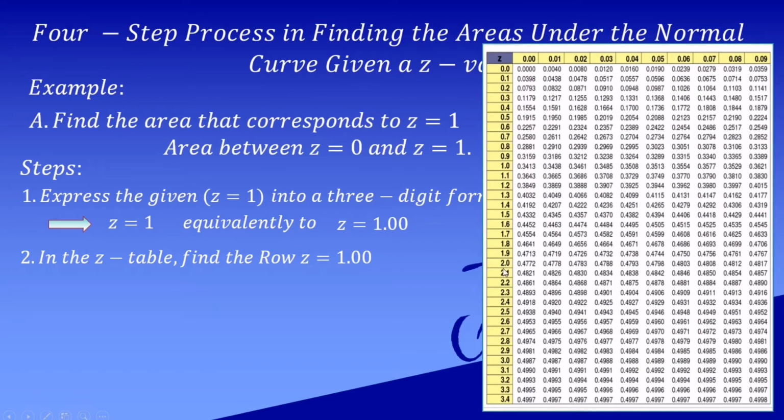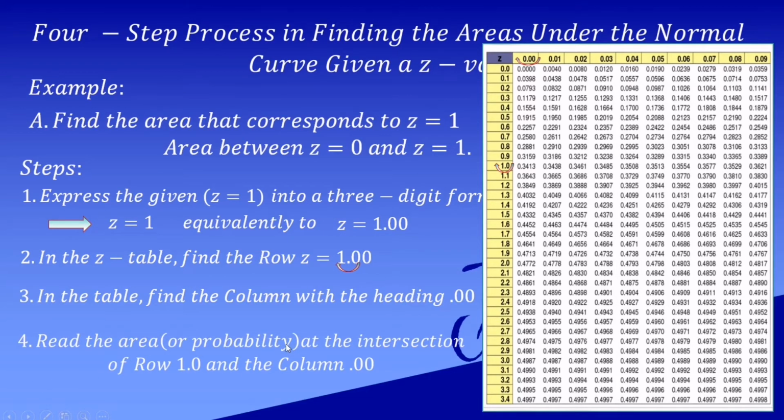This is our z-table. To find the row entry, take the first two numbers in our 3-digit form, that is 1.0. That is our row entry. For step 3, find the column. This is the last digit in the 3-digit form, found in the hundredths place of the z value, that is 00.